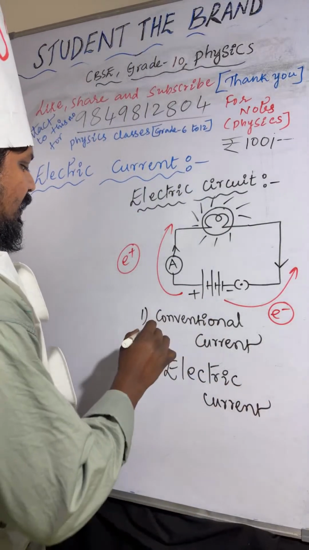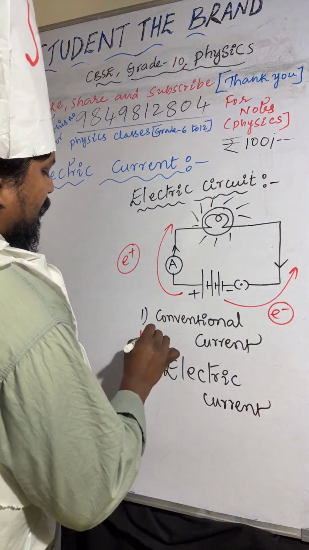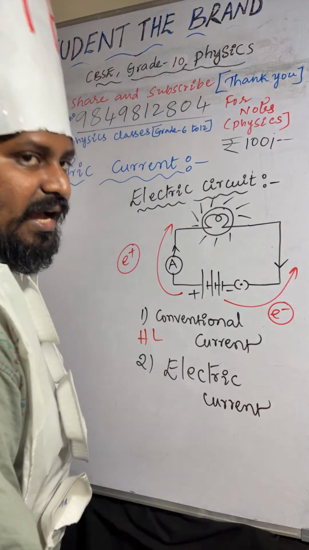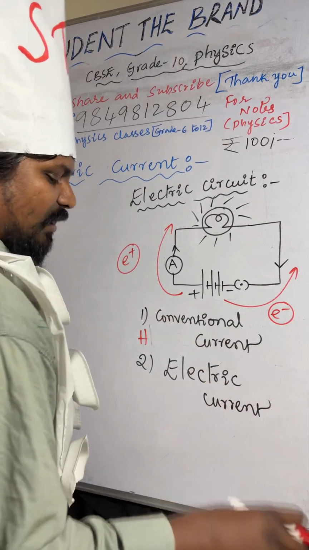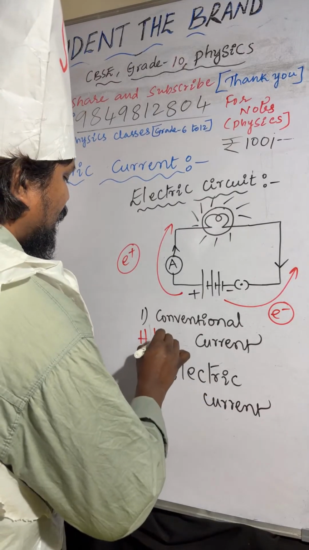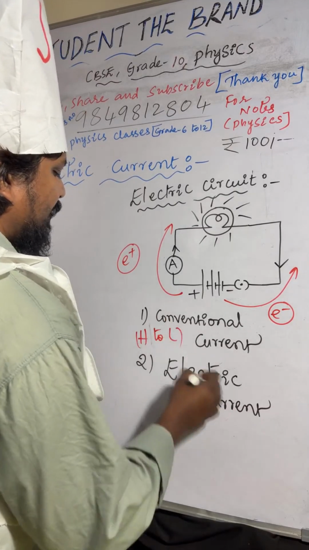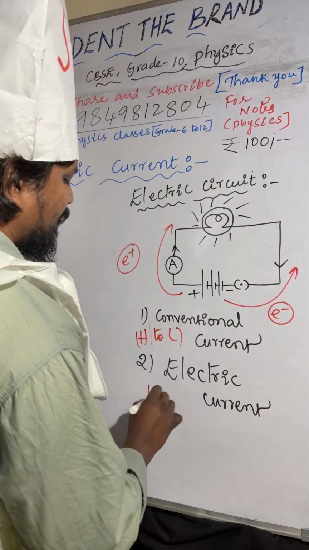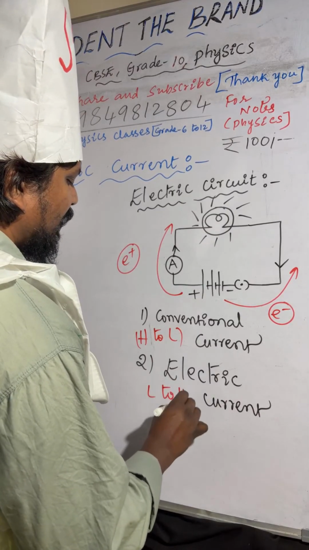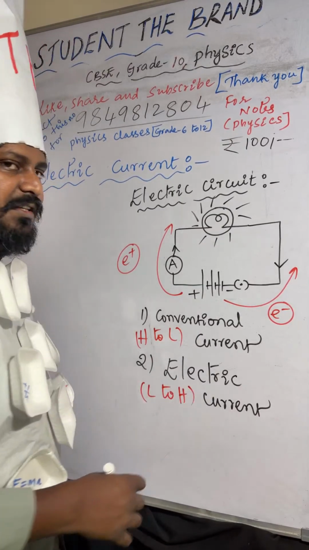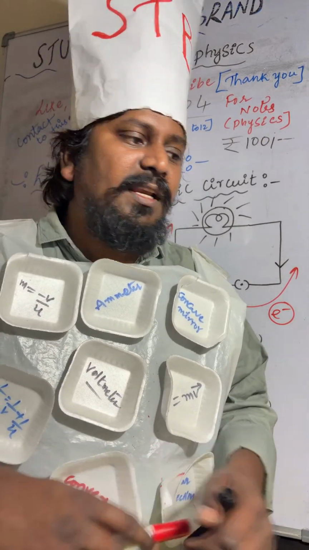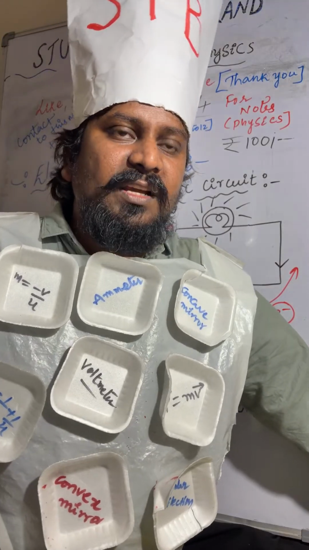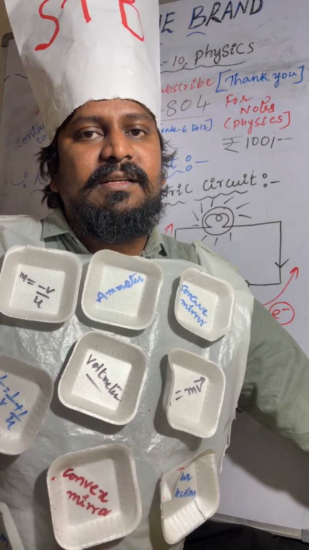So in conventional current, positive charges move from high potential to low potential, whereas in electric current, electrons move from low potential to high potential. So this is about conventional current and electric current.